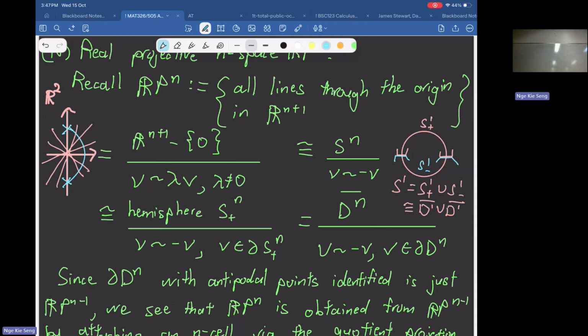So this is how we get this hemisphere. And then we identify the boundary. The boundary is those 2 points, which live on the same line, so they are the same. And then from there, we can go here. Imagine this.